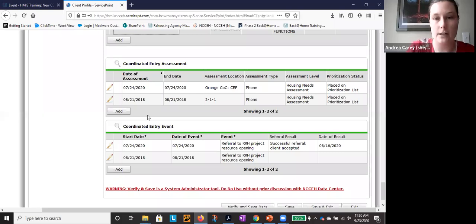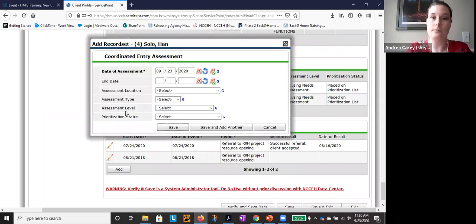All right. So you can see that this is a sub-assessment in terms of our ServicePoint software. And so you can see, depending on sharing, what has previously occurred for this client. So Home Solo has previously been assessed in some different places by 211 and also Orange County. We're going to add our assessment that we're conducting today using that big add button.